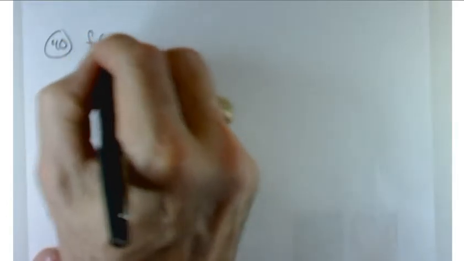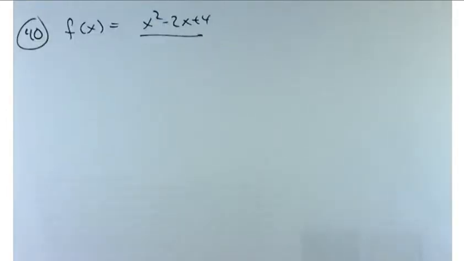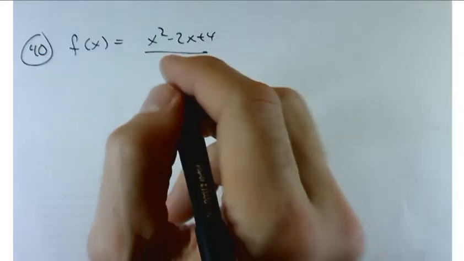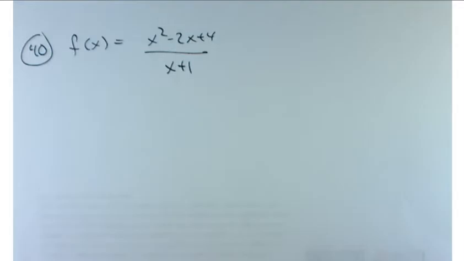For problem number 40, f of x is a rational function, x squared minus 2x plus 4 over x plus 1. So, okay. Where should we start? What do you think we should do first?